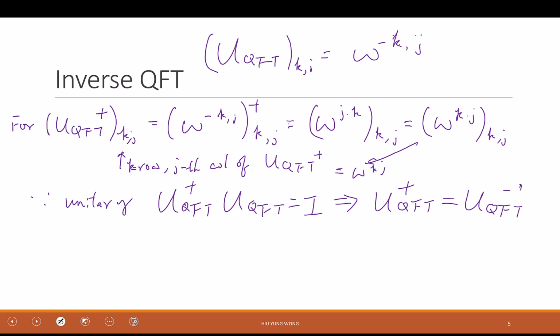Because of this, I can just call it IQFT instead of writing the inverse. Here I put the inverse, but I can rename it.